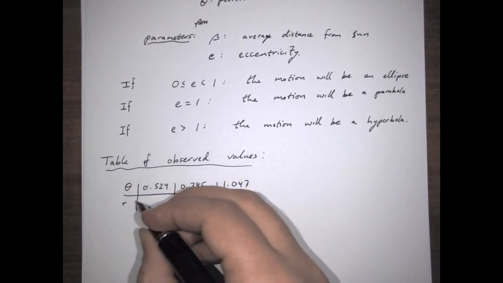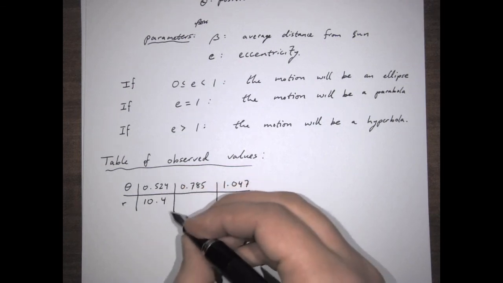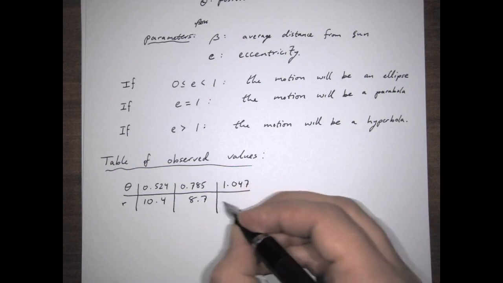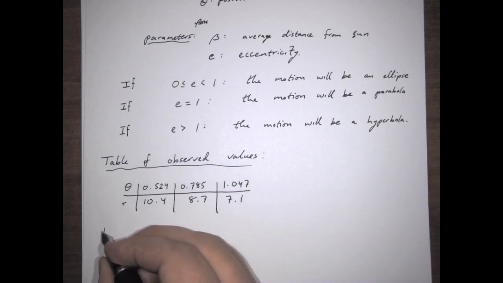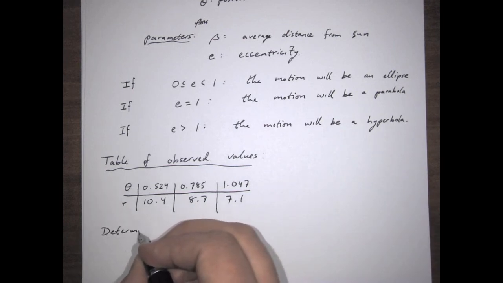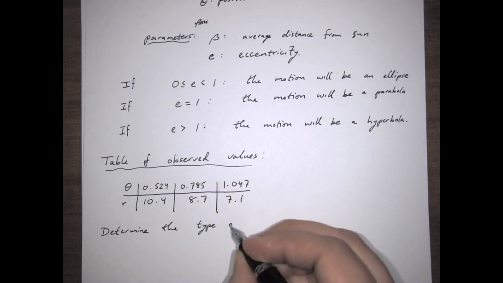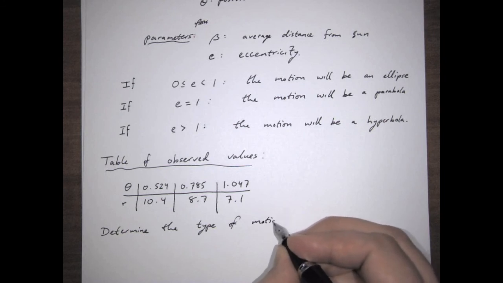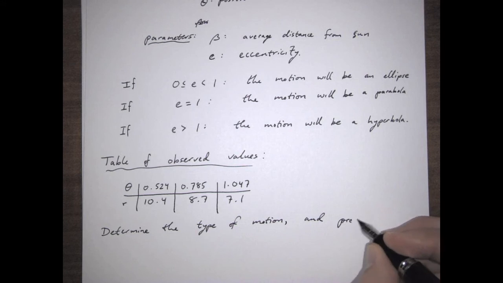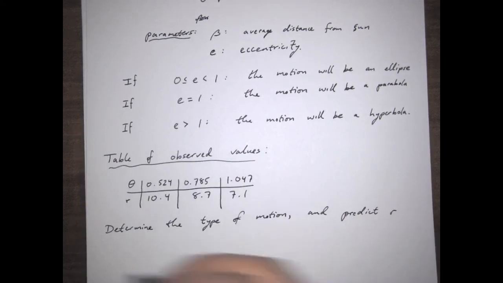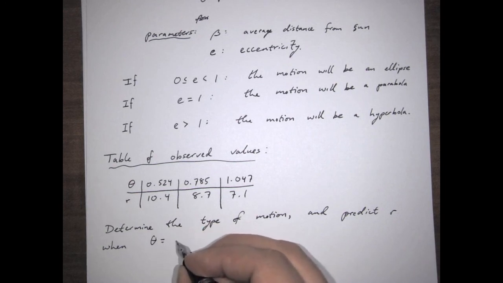And then the R, which you maybe discover using parallax or something like that, would be 10.4, 8.7, and 7.1. So determine the type of motion and predict R when theta equals 1.2.